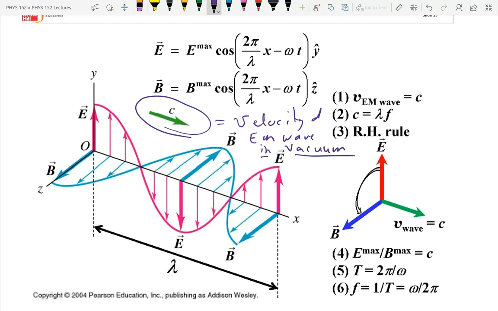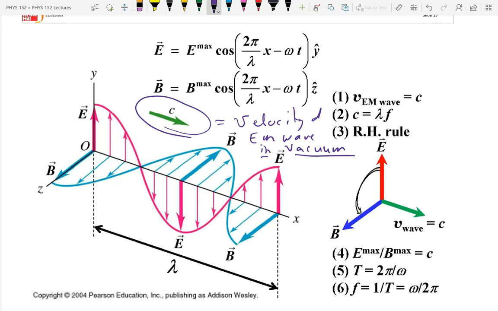C is the velocity of an electromagnetic wave in a vacuum. If you're moving in something that's not a vacuum, it will always be slower than that. So if I have an electromagnetic wave traveling through the air, it's going to be slightly slower. A very small difference, but slightly slower.